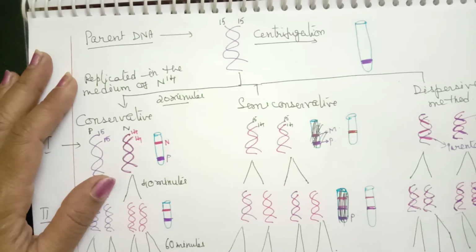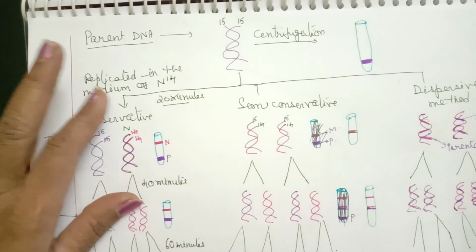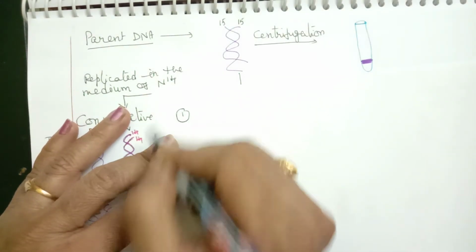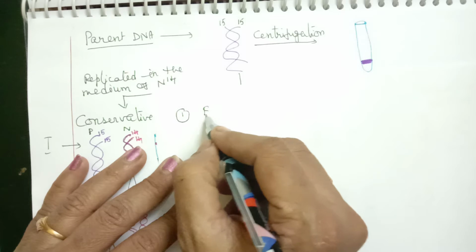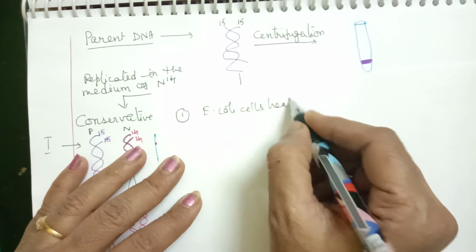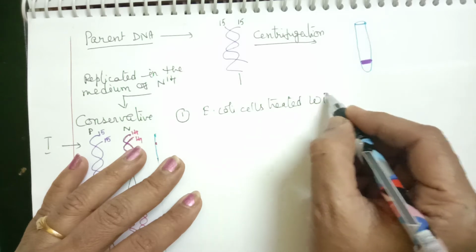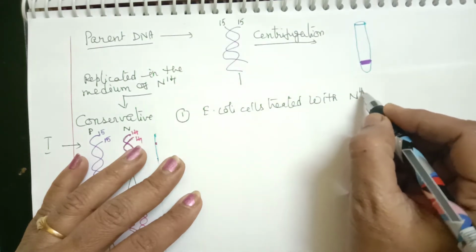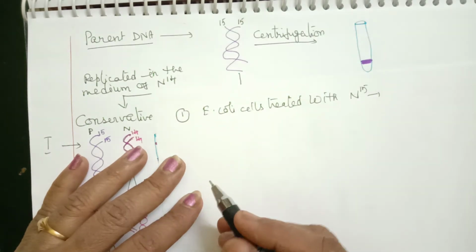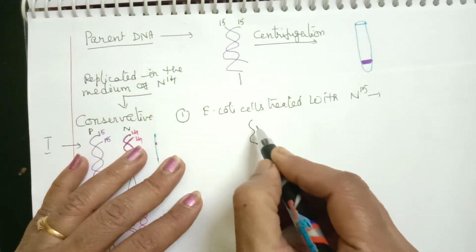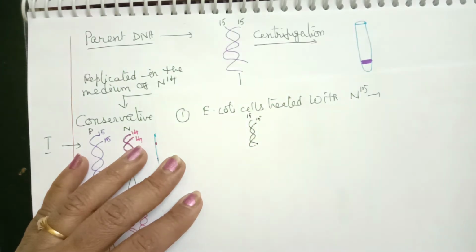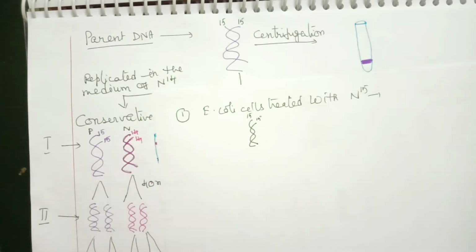So the first step: E. coli cells are first treated with N15, that means the heavy isotope. When they are treated with N15, both the strands of DNA get N15.